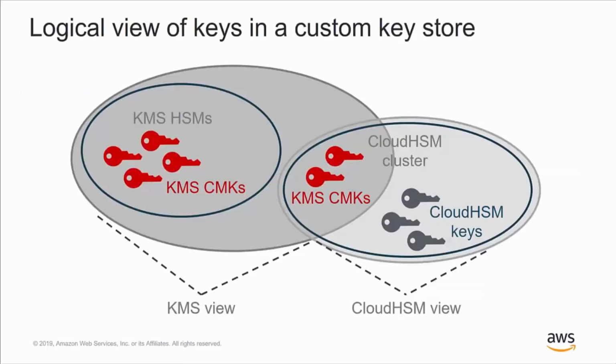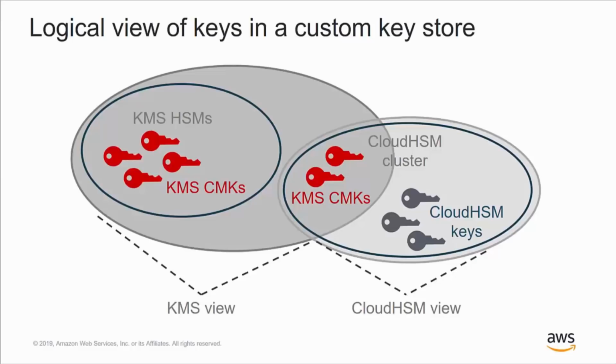Here's a logical perspective on the same thing. There's a KMS perspective, keys that are visible and aware to KMS. Some of those keys, if you're not using a custom key store, then all of your keys are protected and managed in the KMS HSMs. If you are using a custom key store, then some of those CMKs will be stored and protected in a CloudHSM cluster, which you can independently view and manage and audit through the tools that are provided by the CloudHSM service and that you might be using to manage your non-KMS CloudHSM related keys.